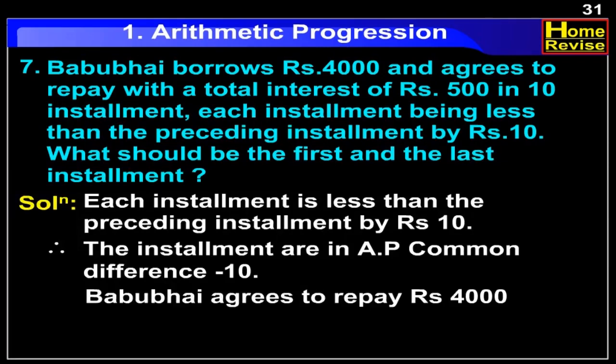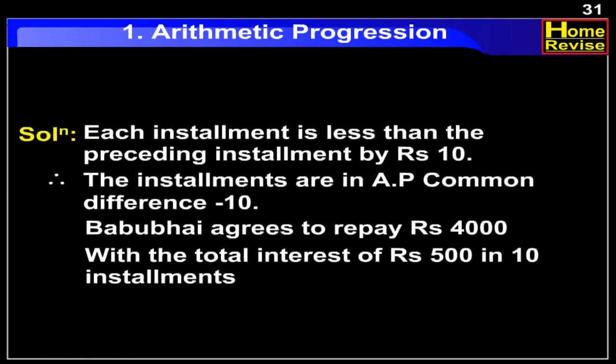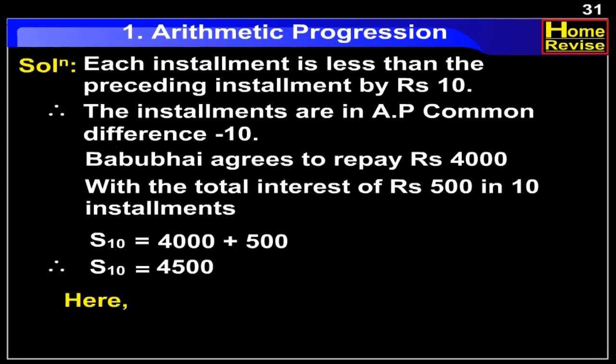Babu Bhai agrees to repay rupees 4,000 with a total interest of rupees 500 in 10 installments. That is, S10 is equal to 4,000 plus 500. Therefore, S10 is equal to 4,500. Here we have n is equal to 10, d is equal to minus 10 and S10 is equal to 4,500.